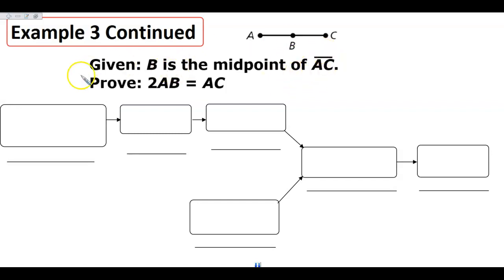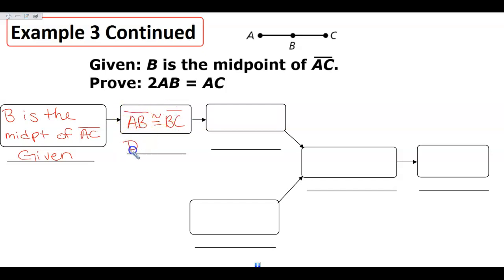So the first thing we're going to do is write our given information. All right, we have B as the midpoint of AC. Again, that information is given to us. Well, what did we get out of that? If you look at step 2, this tells us that AB is congruent to BC.